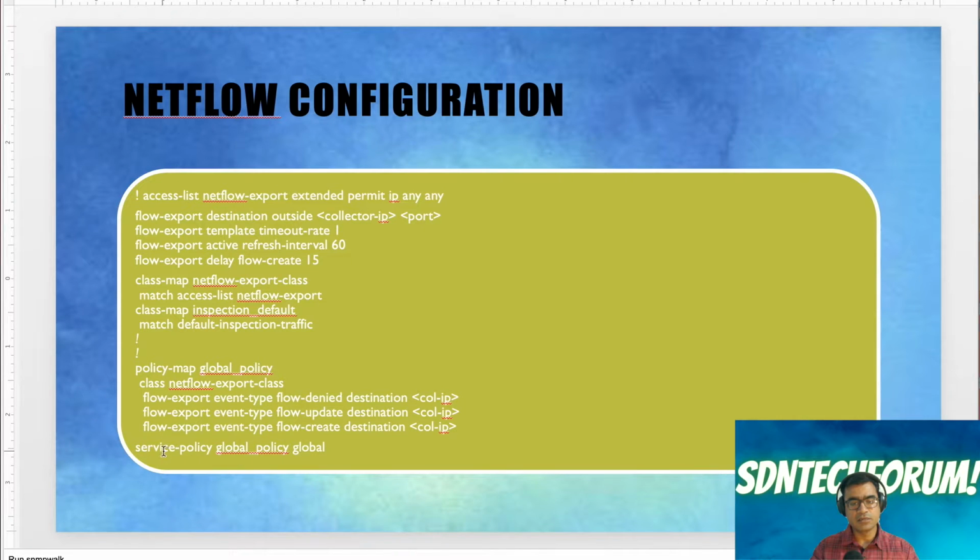We tie it to the global service policy. Most of the time you have this global service policy already implemented. What we are doing is configuring an additional line of configuration for NetFlow and binding it to the same existing policy. So this is how you can configure NetFlow if you have a NetFlow collector in your network.